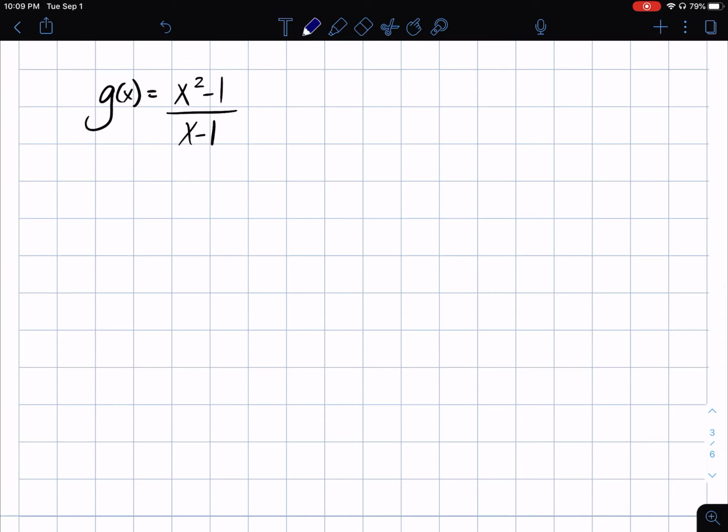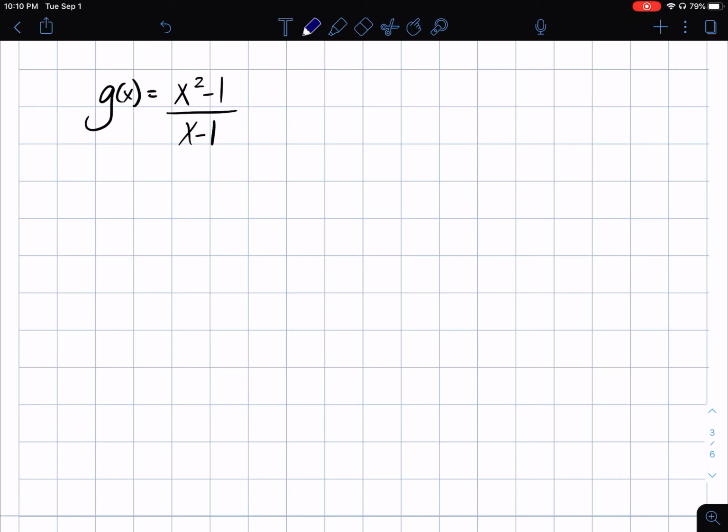All right, so we're going to discuss the continuity here. So we have a function. We have x squared minus 1 over x minus 1. So one thing I notice is because this is rational, if I plug a certain number into the bottom, it's going to make it undefined.